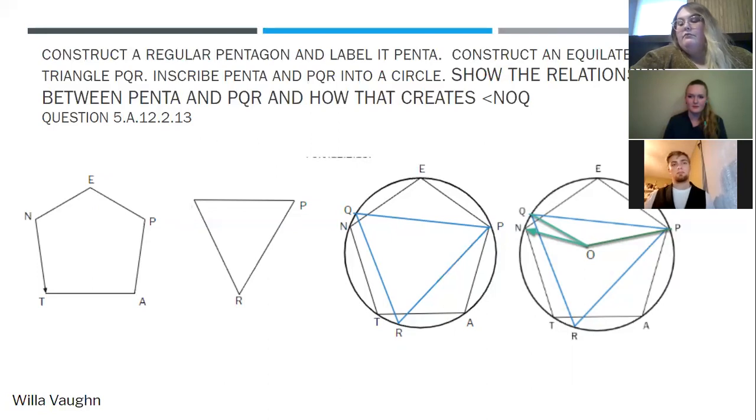NOQ is going to hit 2 points of your pentagram. So you take the angles, 144 degrees minus 120 degrees, and that's going to equal 24 degrees. So that's the relationship between the pentagram, PQR, and NOQ, because it's going to automatically form that triangle and hit 2 points on your pentagram.